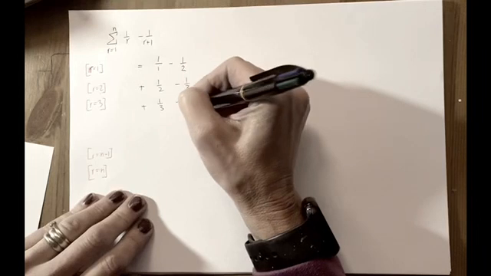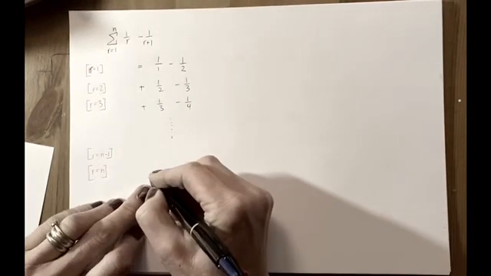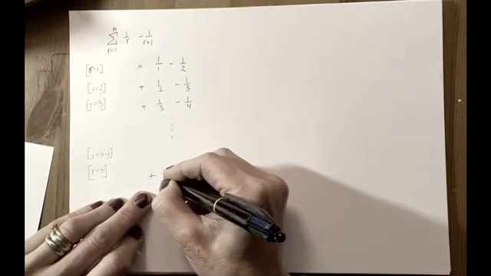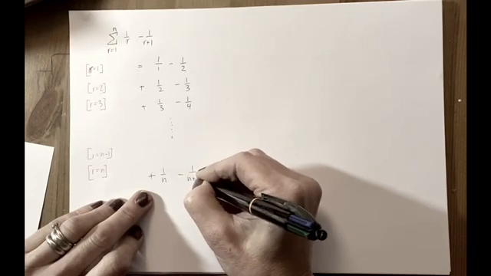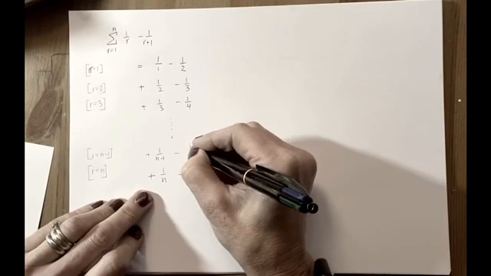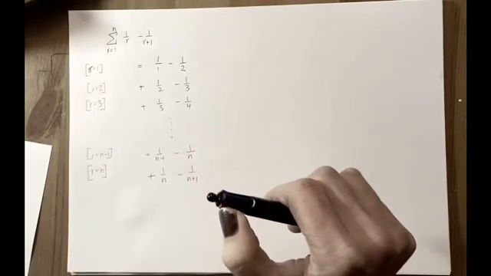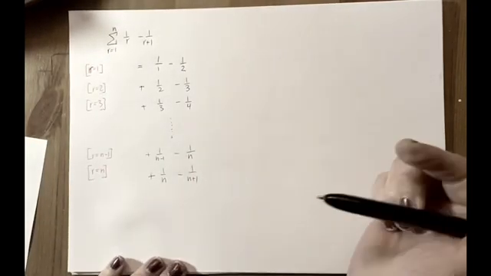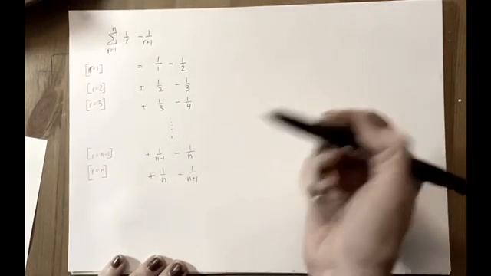You can see the pattern there. And then you have all the terms all the way to, and before I write n minus 1, I'll write 1 over n minus 1 over n plus 1, and then 1 over n minus 1. I mean, this is easy, so you could just put n minus 1 first, it doesn't matter. And I know from experience that students, if they start with this one, sometimes they mess it up on more complicated expressions. But if you're confident, you just don't do those.